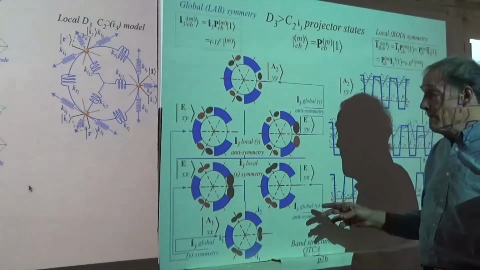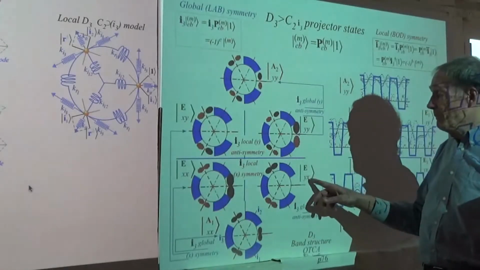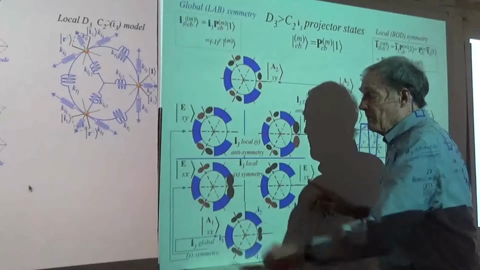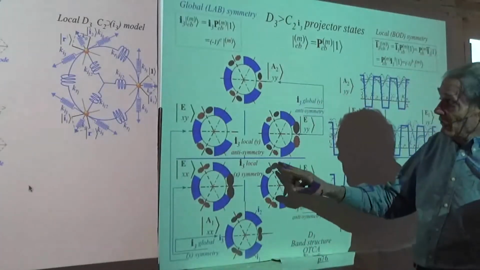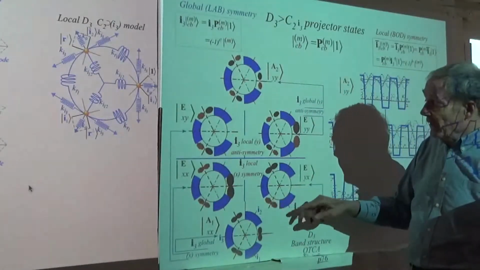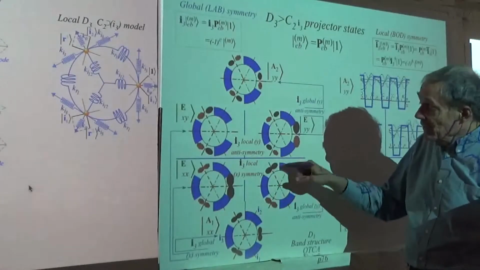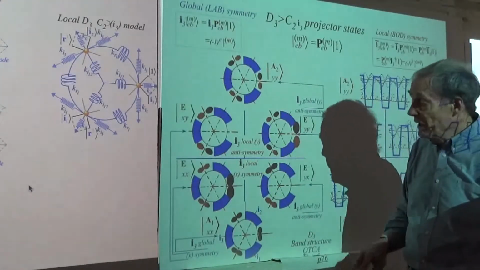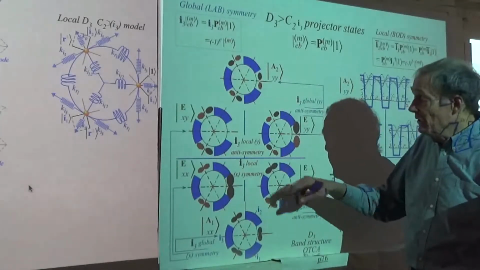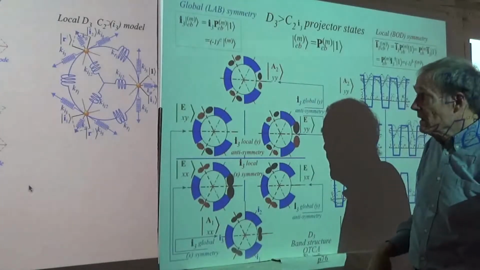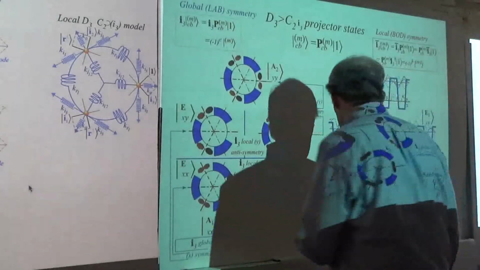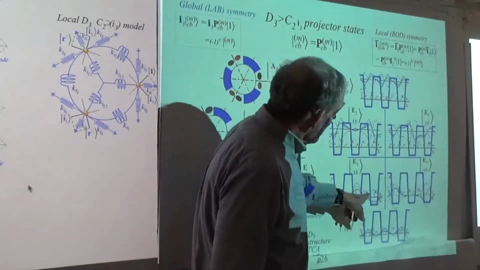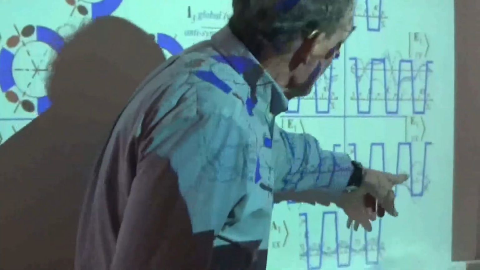But locally, both of these, the second index, is symmetric. They both are symmetric waves that have no node in the center. Even though I've drawn it with a little dip there, that would be a smooth wave inside the well there. You see those are all just Gaussian-like waves with no nodes.